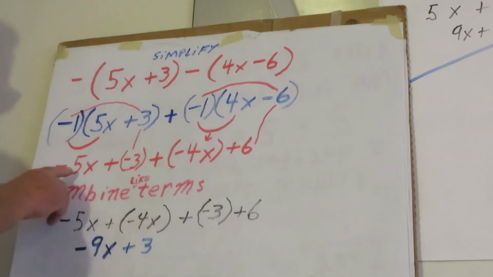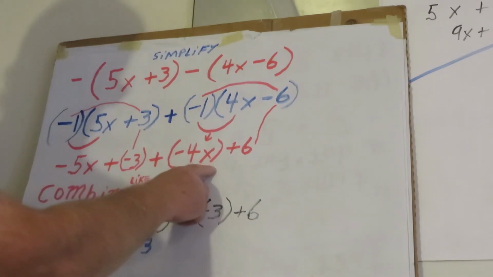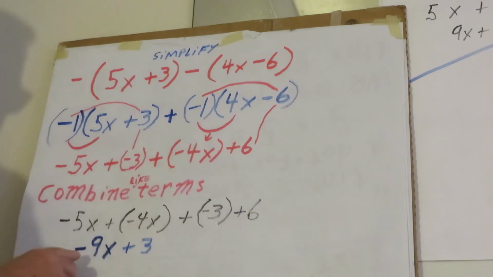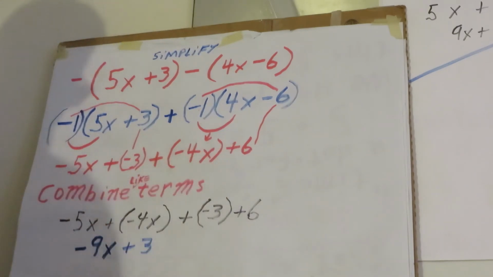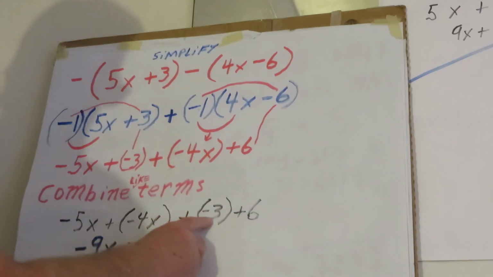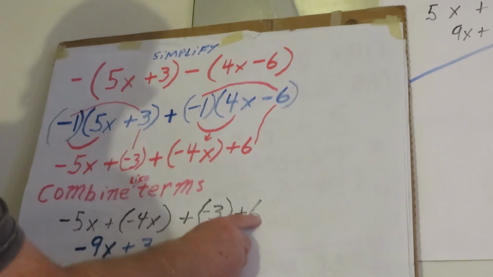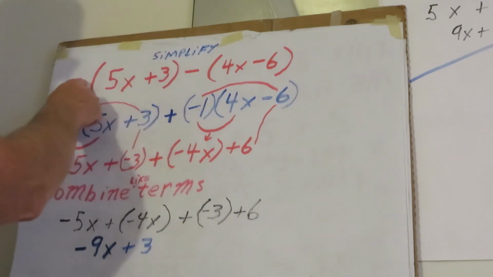I can combine the negative 5x with the negative 4x, and the negative 3 plus 6. So negative 5x plus negative 4x gives me negative 9x. A negative 3 plus 6 gives me positive 3.